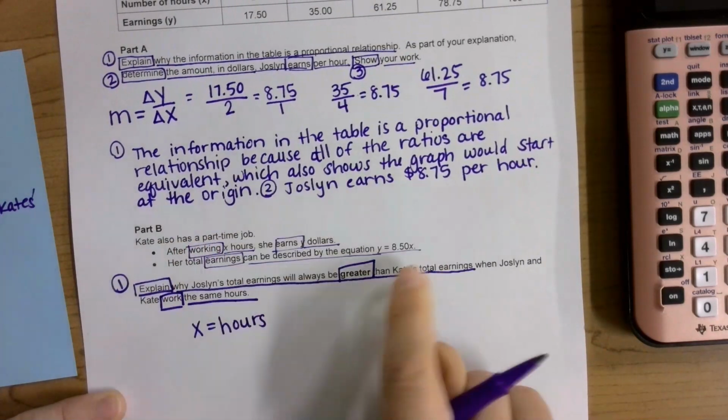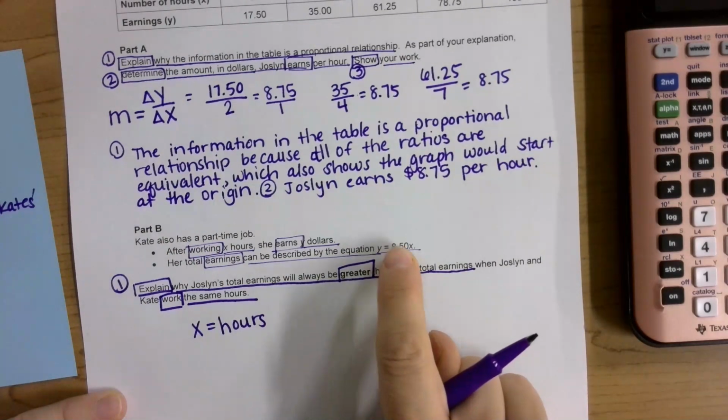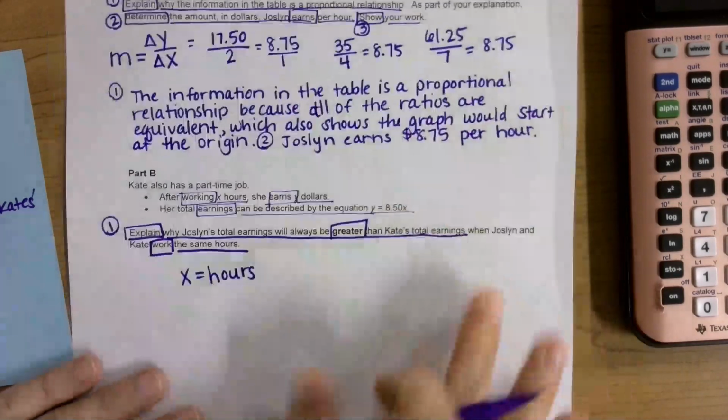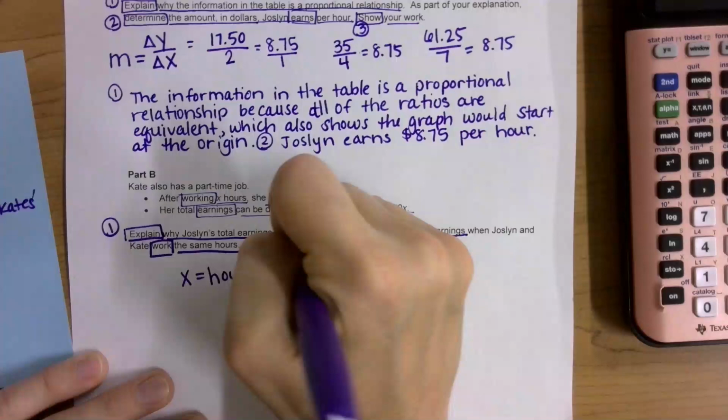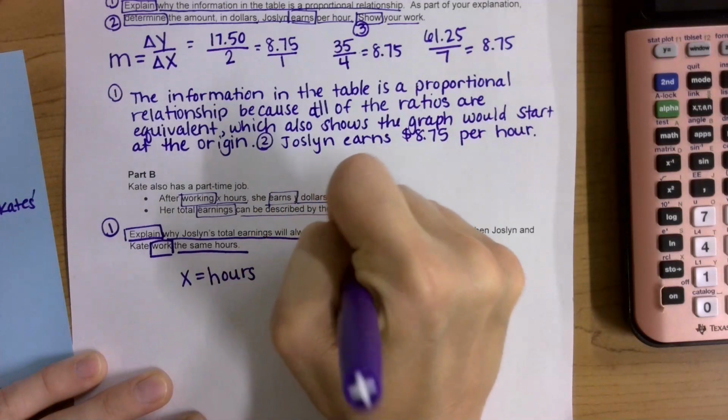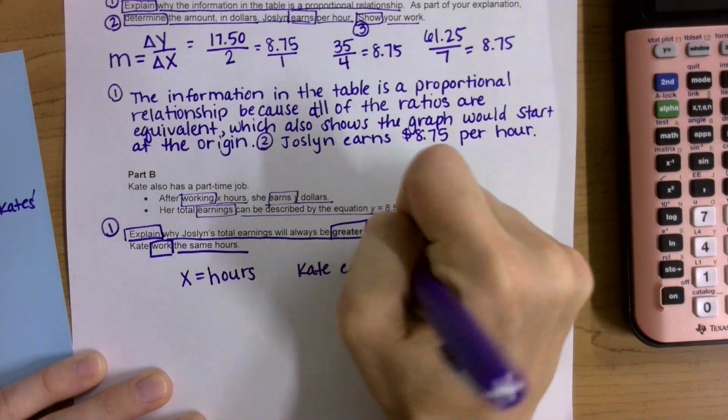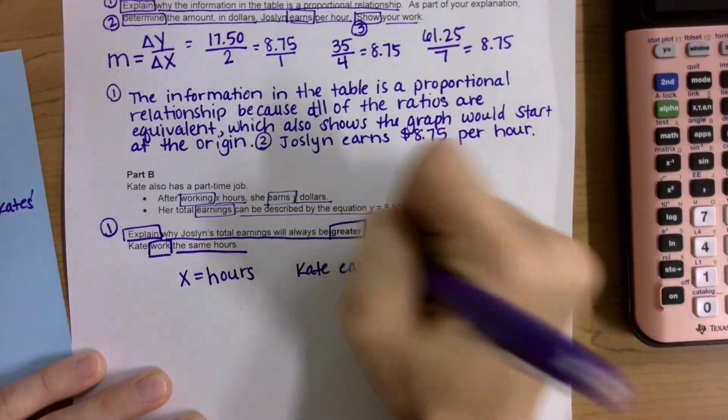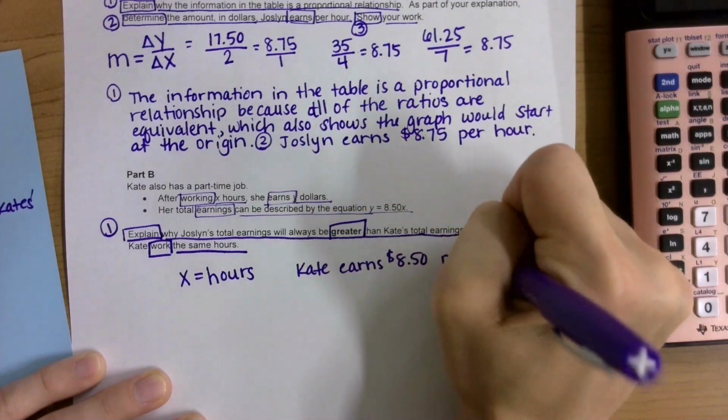So if the coefficient is 8.50, that means she's making $8.50 per hour. So Kate earns $8.50 per hour.